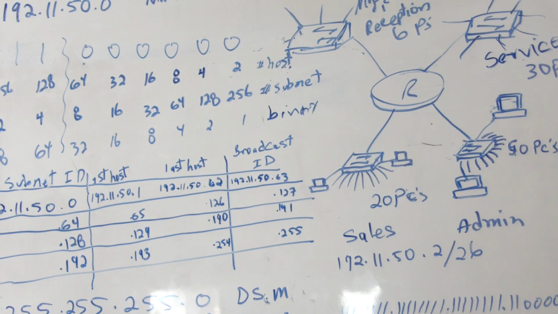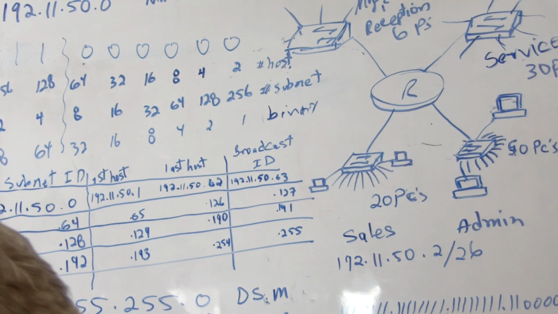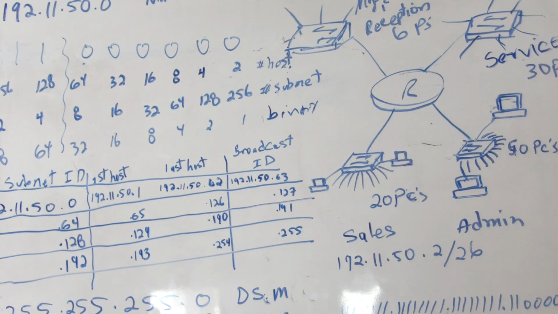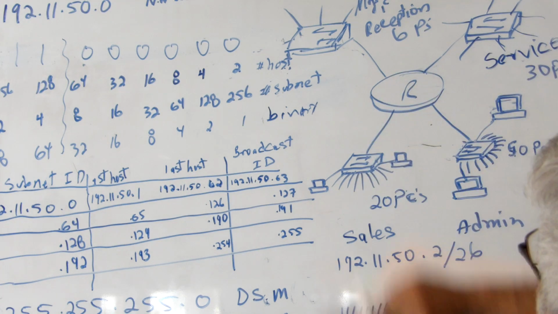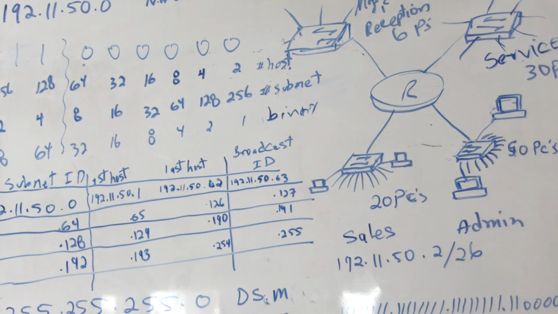Your boss comes to you and tells you, hey, I'm going to make a new company. There are 50, 30, 80, 20, 126 employees.